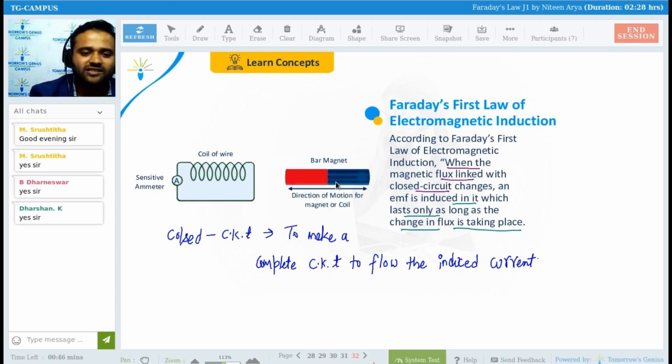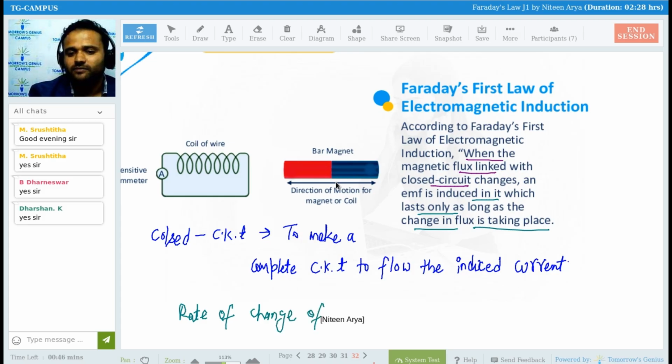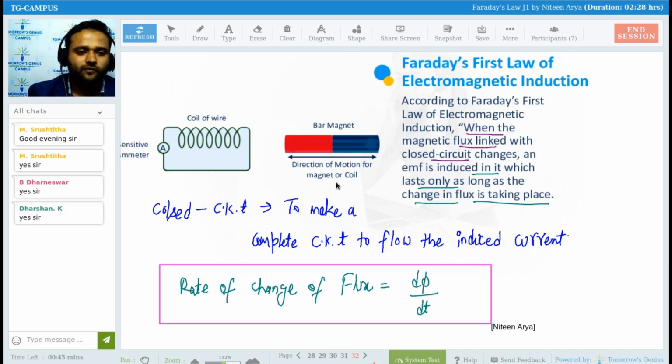So what is the meaning of rate of change of flux? Rate of change of displacement is velocity. In a simple way, rate of change of flux is nothing but d phi by dt. Rate of change of flux is d phi B, or simply d phi, because here we talk about the magnetic field, so we don't need to write B again and again.